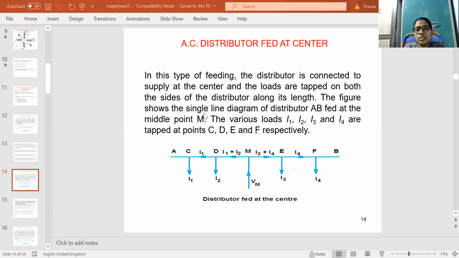The figure shows the single line diagram of distributor AB fed at the middle point M. The various load currents I1, I2, I3, and I4 are tapped at points C, D, E, and F respectively.